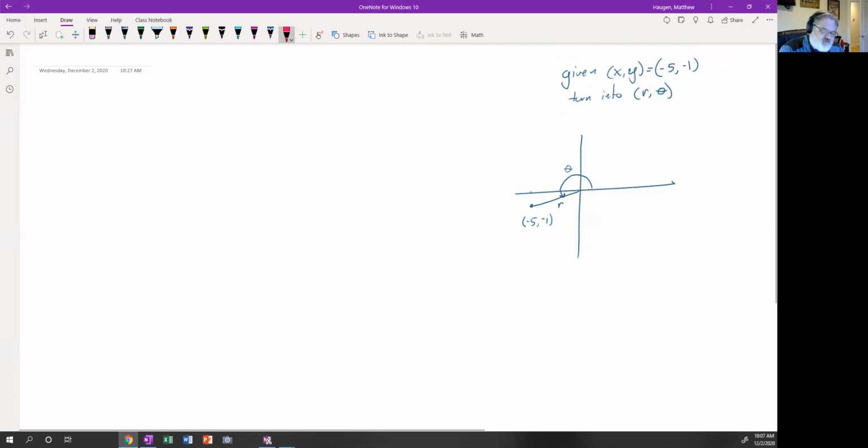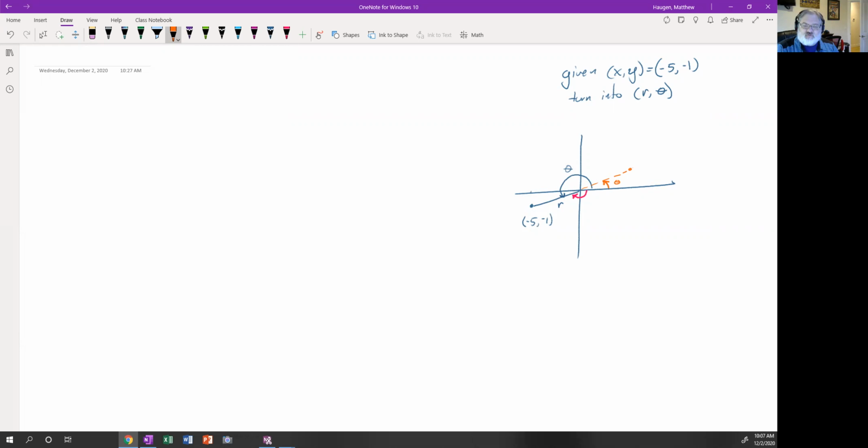Now, we know representations in polar are not unique, so we could use that r and that angle theta if we wanted to, or anything coterminal to it. Or if we wanted to get super tricky, we could use the negative r and use that angle. So use our theta facing into quadrant 1, and then use a negative r value to shoot us back into quadrant 3.